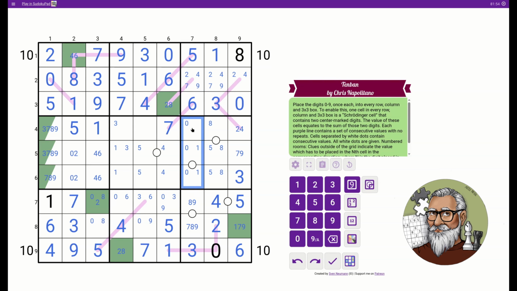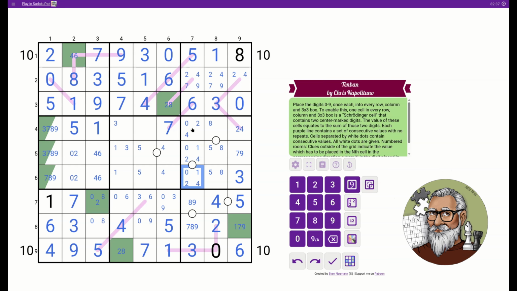So this is 0, 1, 2, 4. What does that mean? We don't know, do we? Because this could still be anything.